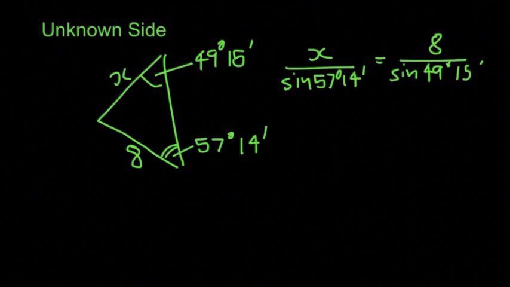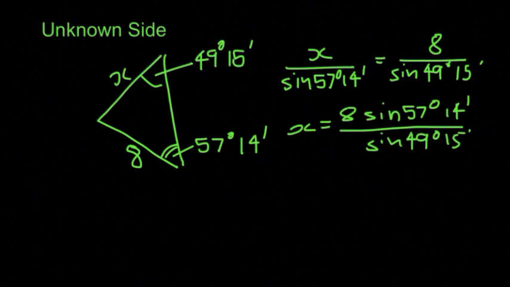Now this is going to be a little bit easier to find a solution to, because here all we have to do is simply get rid of the divide by sine 57 degrees and 14 minutes. So we're going to multiply to give us the following expression: 8 times sine 57 degrees and 14 minutes all over sine 49 degrees and 15 minutes.